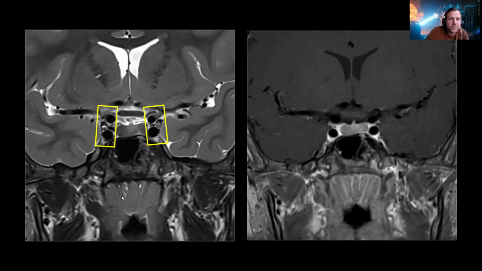This is the internal carotid artery, and the cavernous sinus is basically the venous structure located along it, and we see it enhancing on these coronal T1 weighted images with gadolinium. So once again, here's the pituitary, this is the pituitary stalk, this is the optic chiasm, here we see the internal carotid artery, and then the enhancement along it, next to the pituitary and along the internal carotid artery, those are the cavernous sinuses.